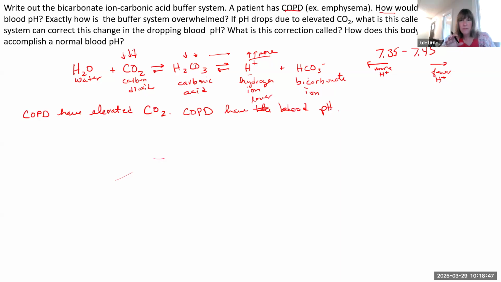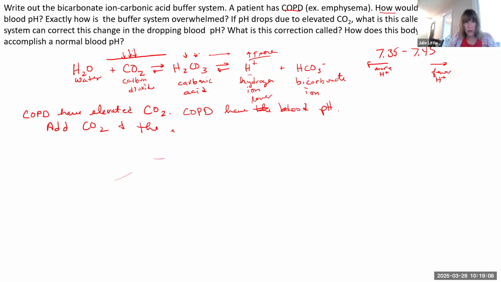And how is the buffer system overwhelmed? It says, exactly how is the buffer system overwhelmed? Well, you add carbon dioxide and the equation shifts to the right.